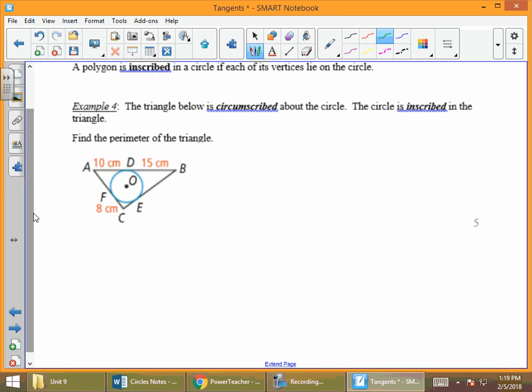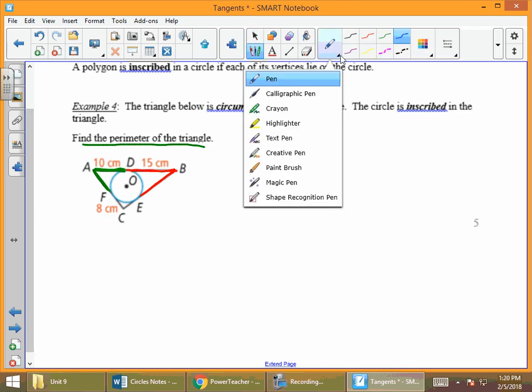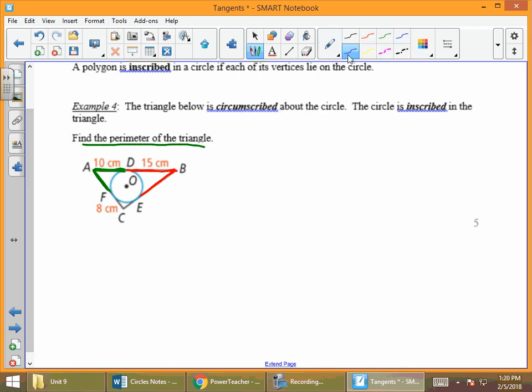So when this happens, when you have any figure, we predominantly work with triangles, and the circle's inside that triangle, all these parts just became tangents, and in this example we're trying to find a perimeter. Okay? So this right here is tangent to that circle. These 2 lines are tangent to that circle, and these 2 lines are tangent to that circle.